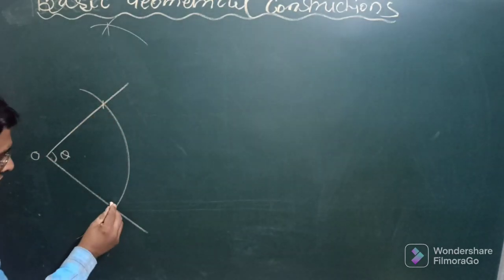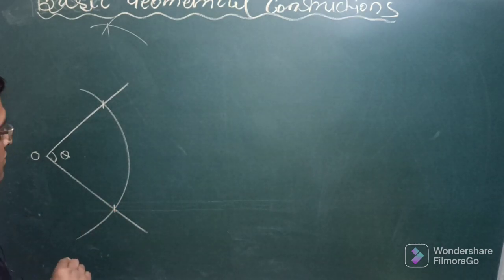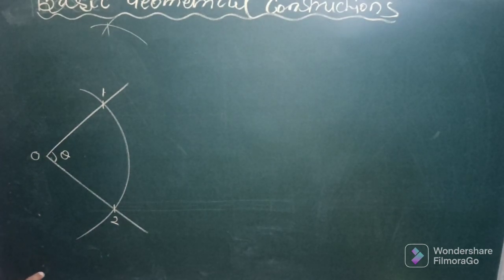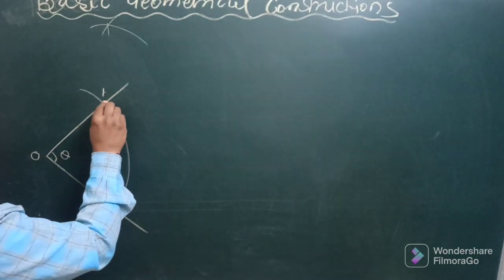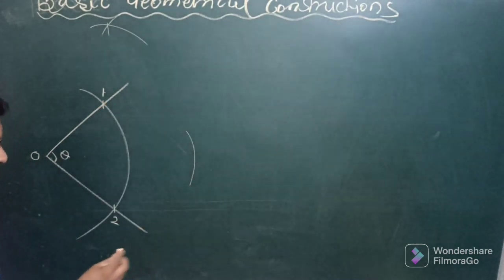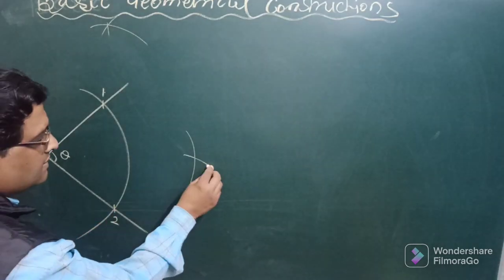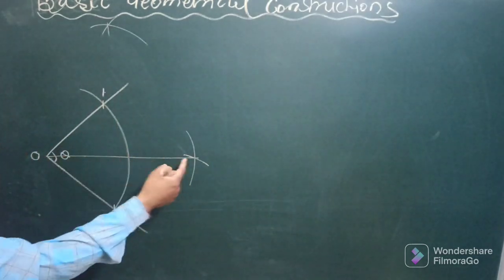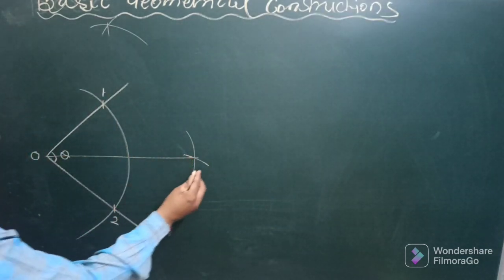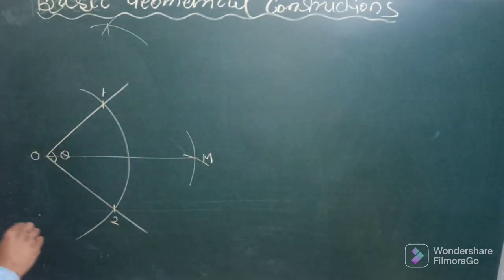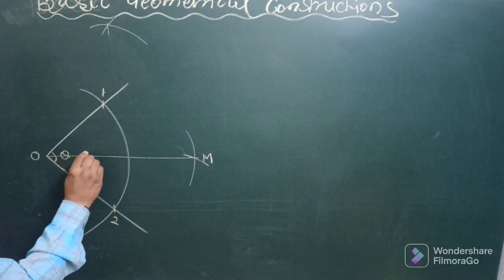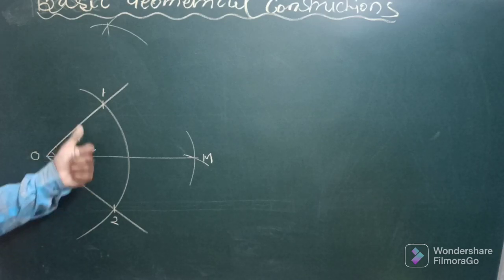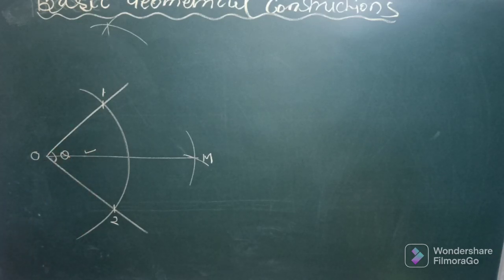This arc will cut the two emerging lines from O at say 1 and 2. Now with the same radius, take 1 as center, draw an arc this side, take 2 as center, cut the previous arc. When you join this O point with this intersection point, say this point is point M, this is the angle bisector, that is the theta has been divided into two equal divisions.